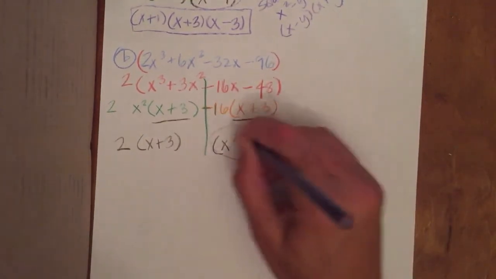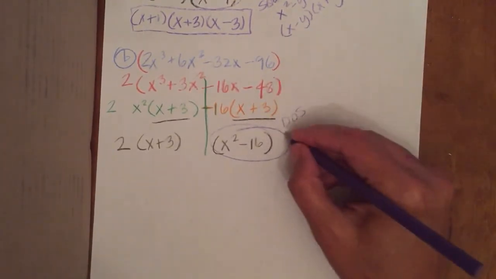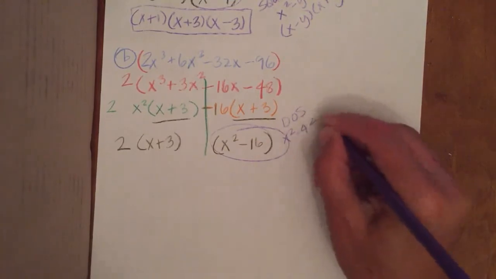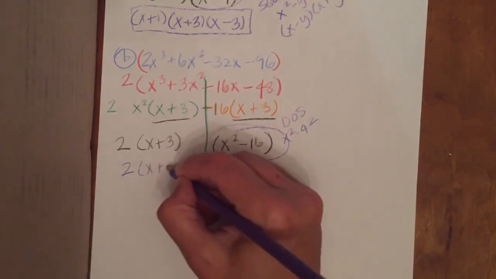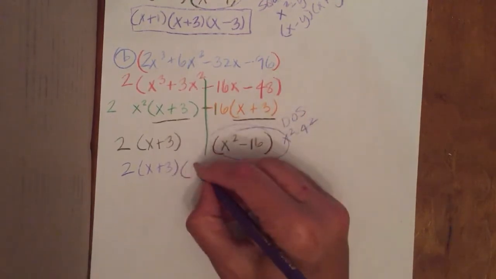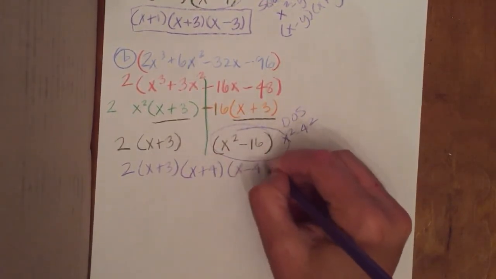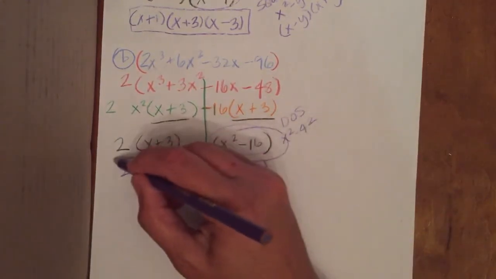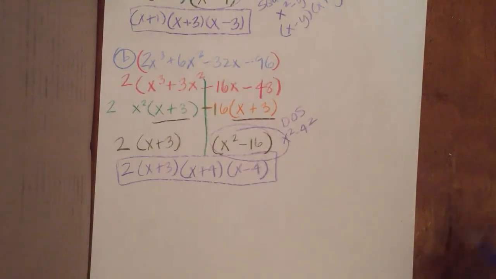What do you notice about this guy? This is another difference of squares. It's the same thing as x squared minus 4 squared. So I'm going to have my 2, my x plus 3, and then my x plus 4, and my x minus 4. And I am done. And again, this is because of the difference of squares model.